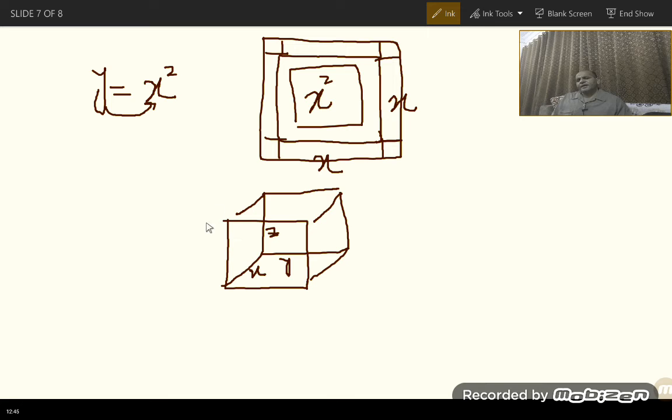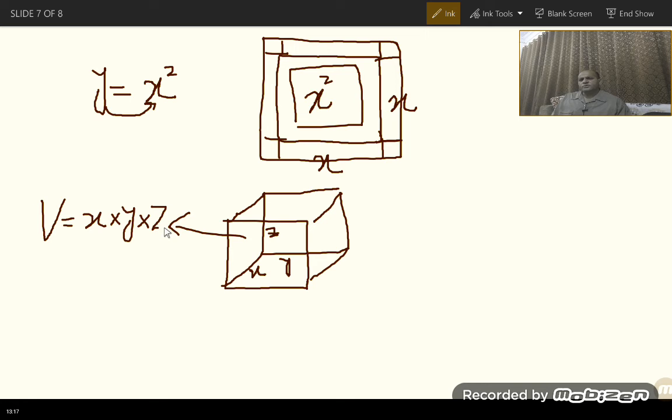Now let us take another example in which we want to show you that the independent variable can be more than 1. Suppose we have a cube here. Okay, this cube has length, width and height, and clearly its volume is defined as length multiplied by width multiplied by height.